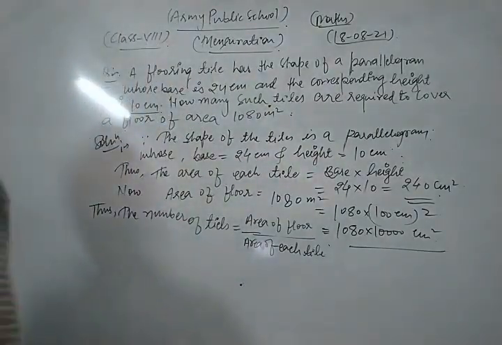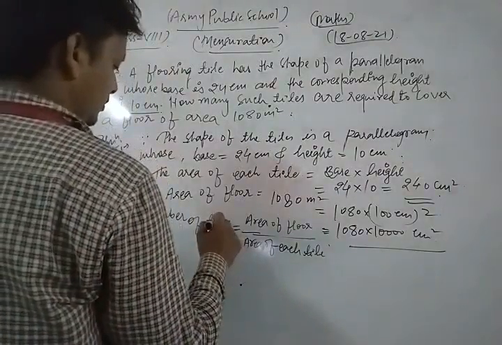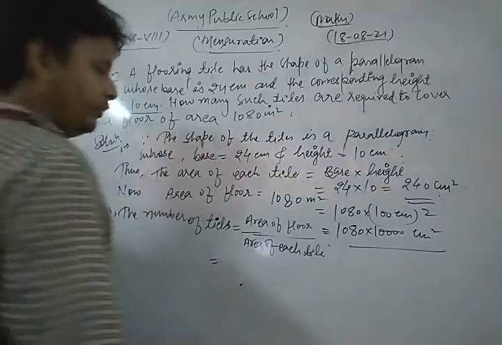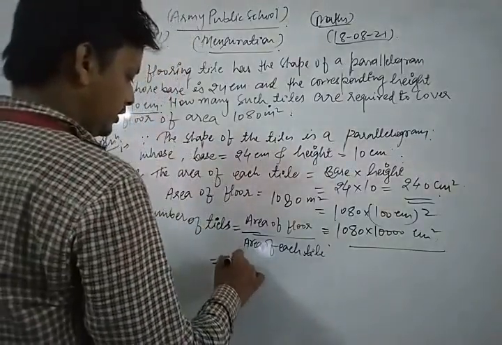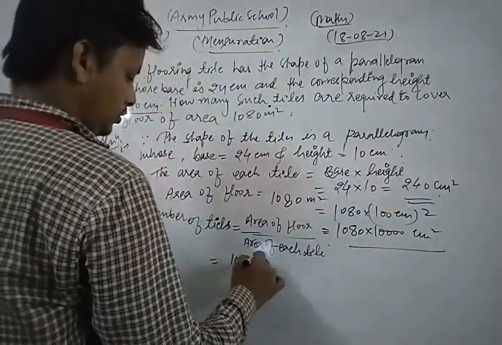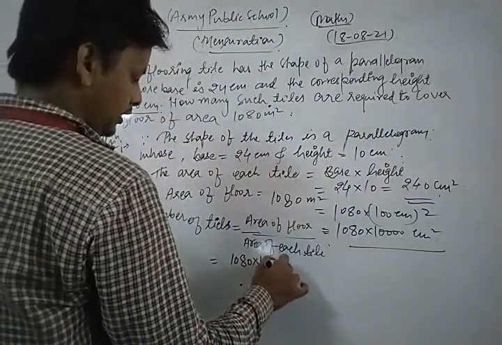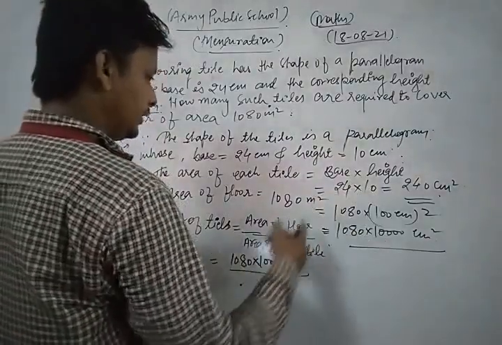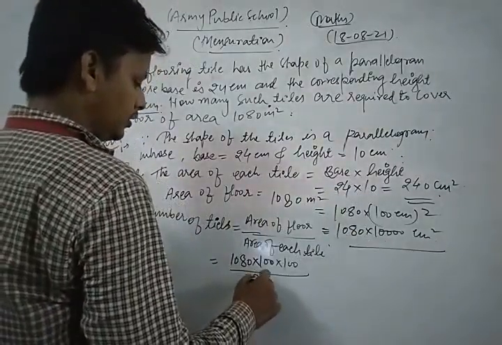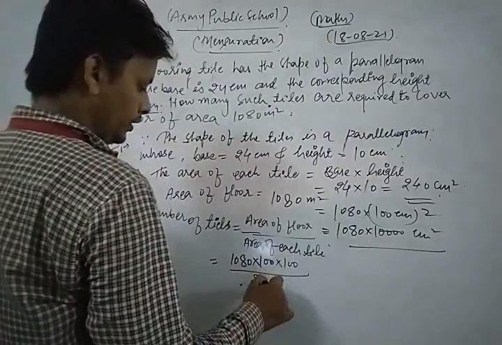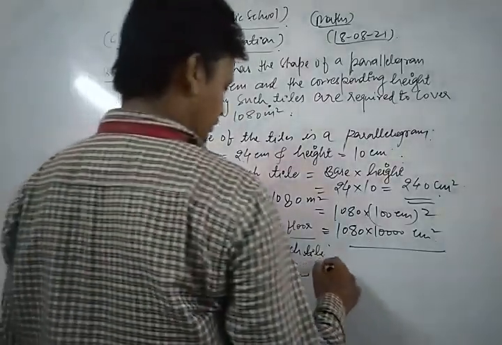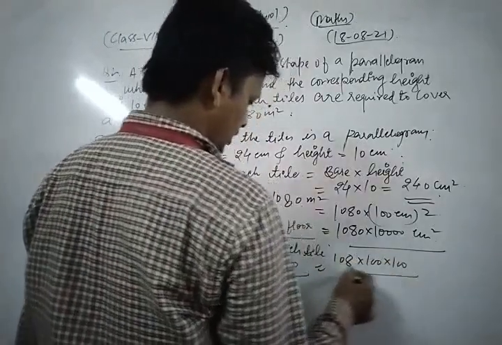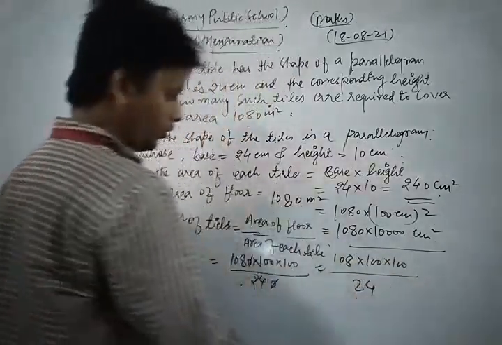So we get the area of the floor as 1080 into 10,000, upon 240, the area of each tile. Now the zeros cancel each other. So we get 108 into 100 into 100 upon 24.